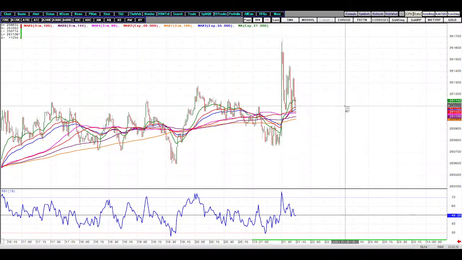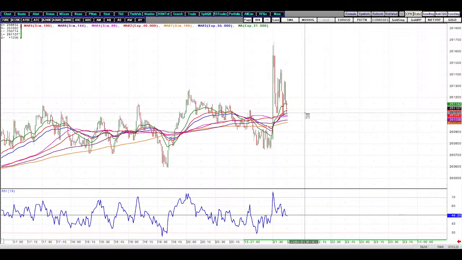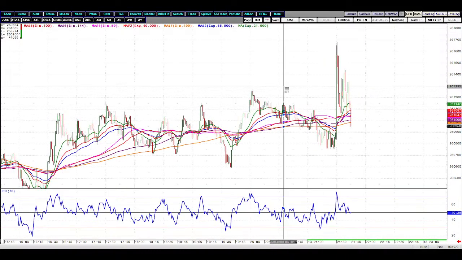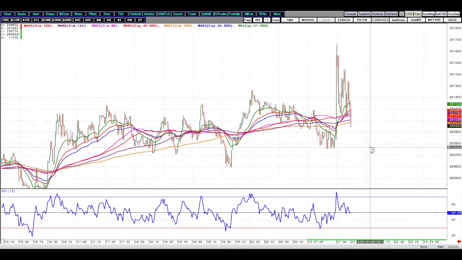Okay, we have to see now. I think the 15-minute just closed, so it looks like this is a failure. This is a failure here. So now, is it 9.5? What is it doing now? Yeah, 10.